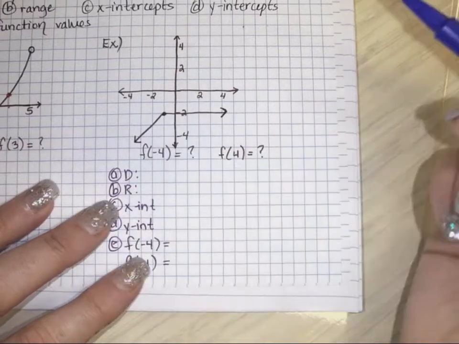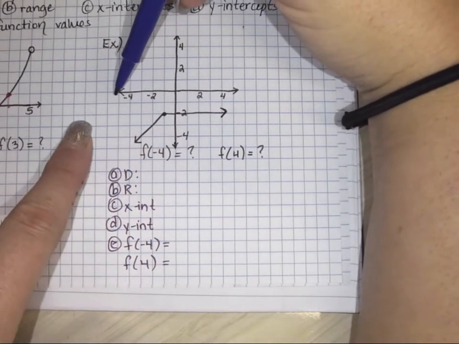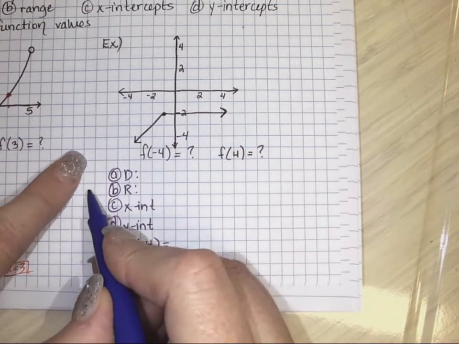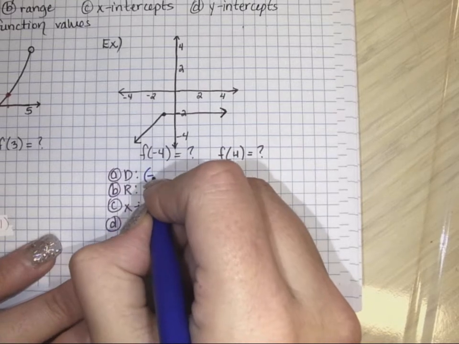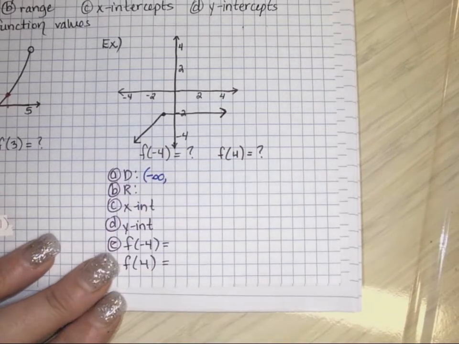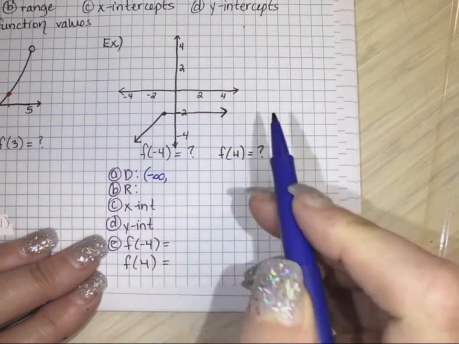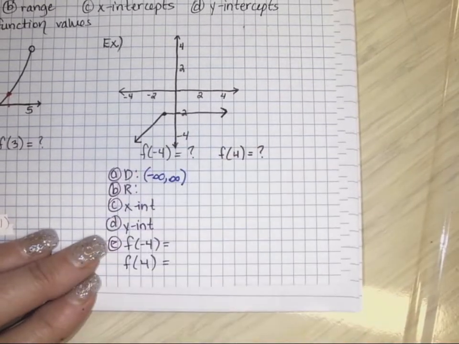Your graph, does it ever stop going to the left? Notice these arrows indicate it's going to keep going down and to the left forever. So your graph is going left to negative infinity. The same case, it's going right forever to infinity. There's no gaps in the middle.